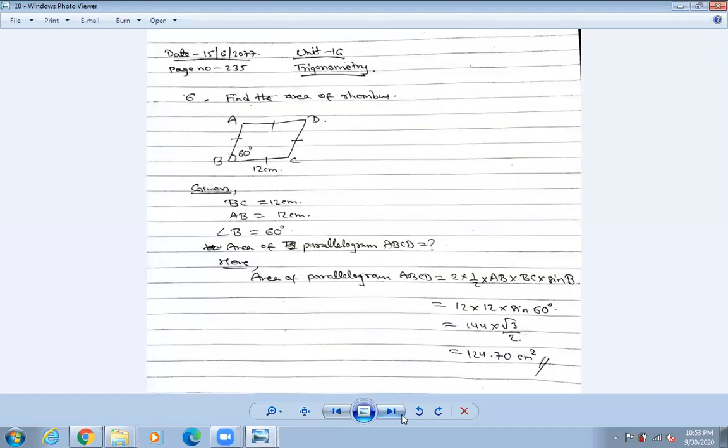Then let me show you the formula for the parallelogram also. Okay, so here it is not written.